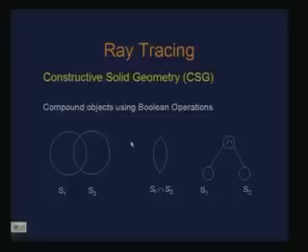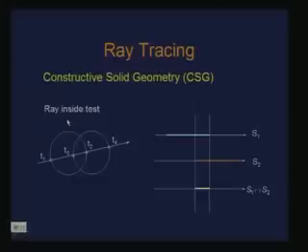It's fairly simple. What we try to observe is the ray inside test. When I was talking about two surfaces S1 and S2, the ray inside test means: what is the span of parameter t's for which the ray is inside the object? With respect to this, there is an intersection at T1 and an intersection at T2.